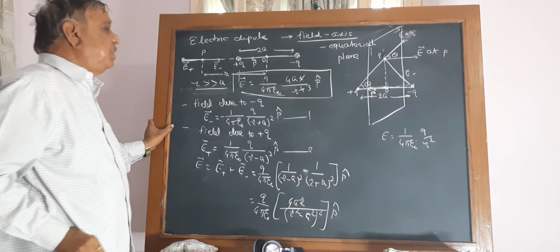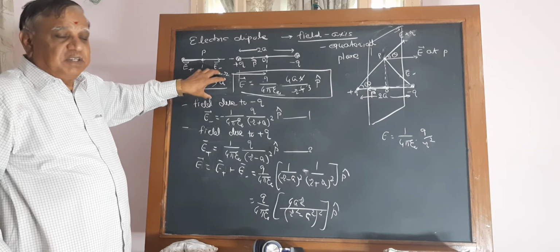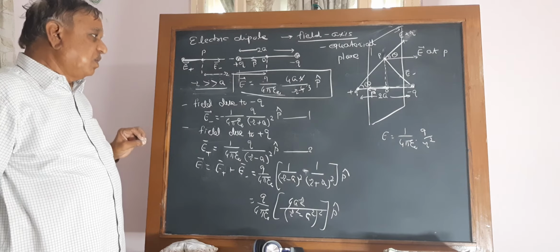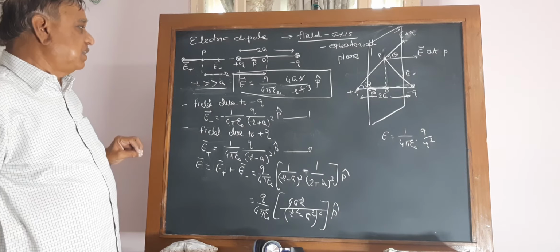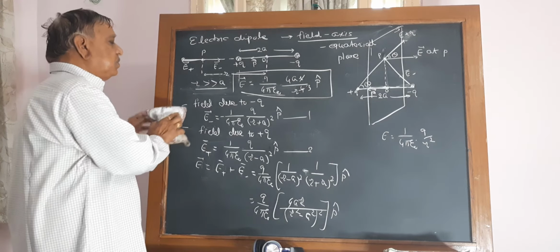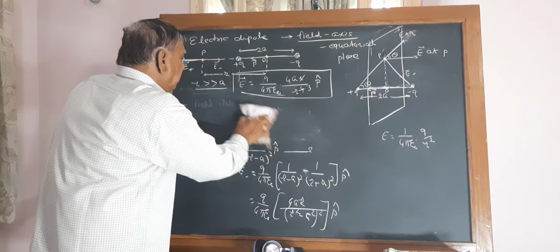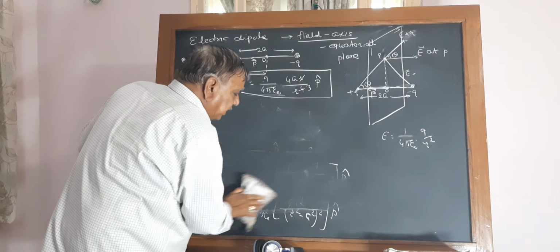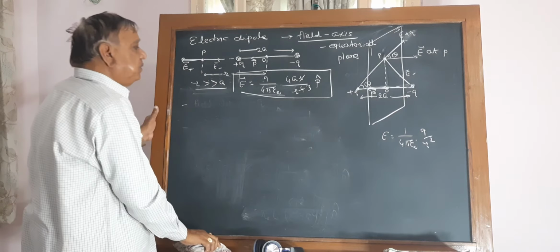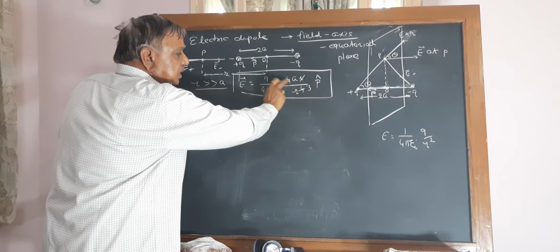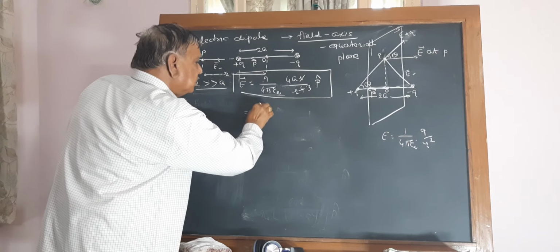This is the field for a point far away from the dipole. Also, we can represent this field in terms of the dipole moment, since P equals q into 2a in magnitude, so 2 into 2a into q means 2p.